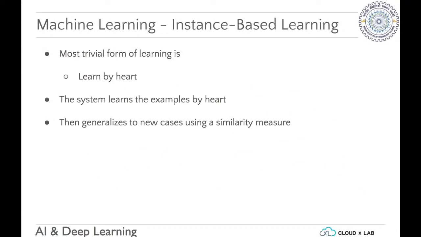It is the most trivial learning by heart, or memorization. The system learns the examples by heart as is, and whenever it sees new examples, it tries to see which one it is closer to, and thinks it is like that.